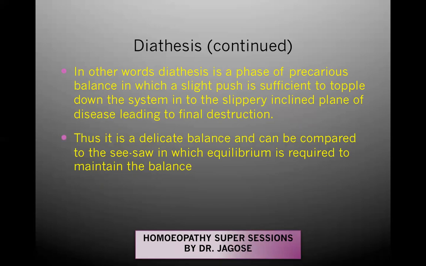Now the going of the seesaw up or down will depict the derangement, as a result of which the disease will occur because of the noxious environmental factors. In a seesaw, we try to maintain the equilibrium, but the environmental factors are constantly bombarding, so it is not possible to maintain the equilibrium, and the seesaw will tilt either to the right side or to the left side, and the disequilibrium will take place.